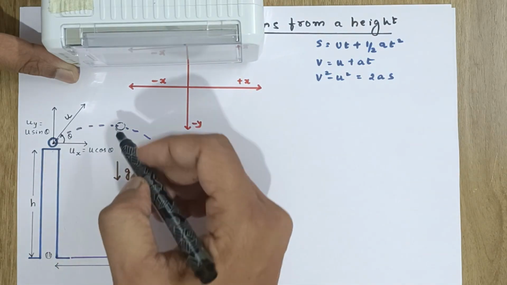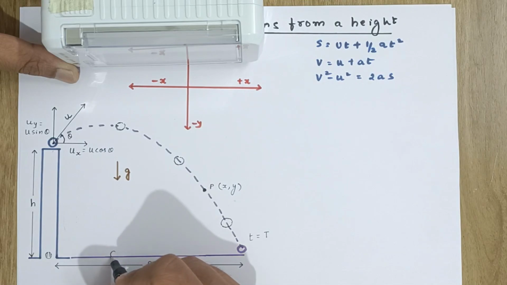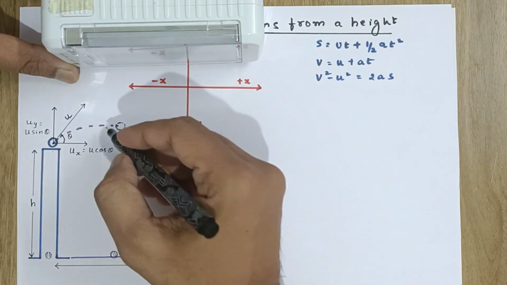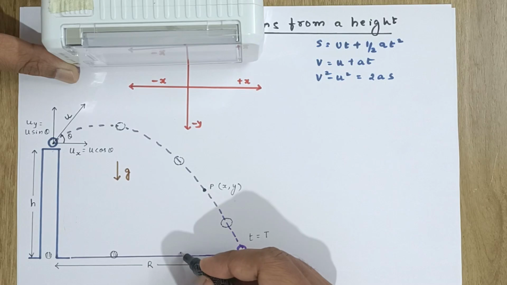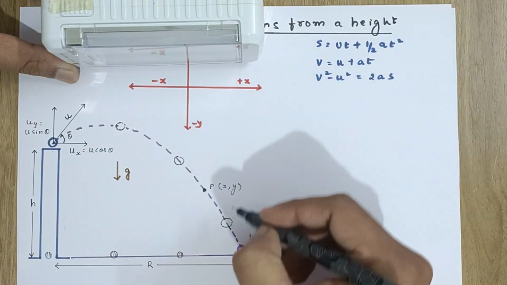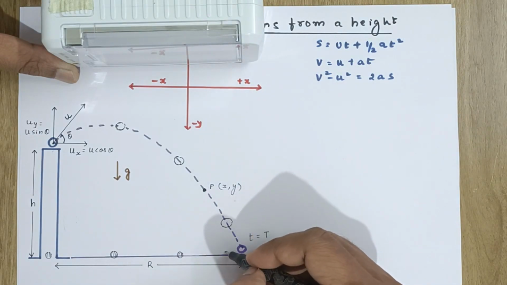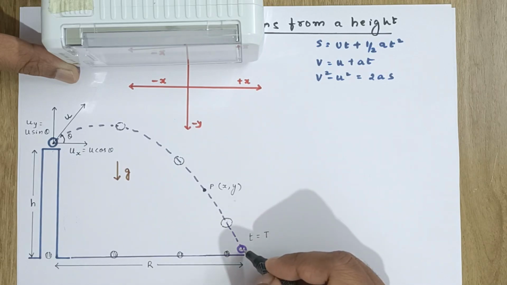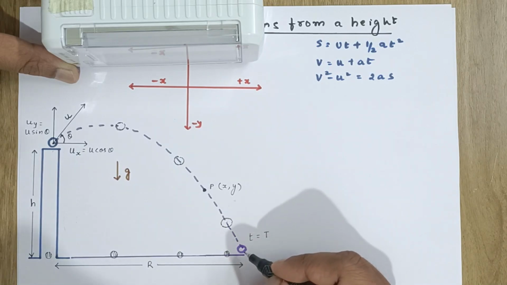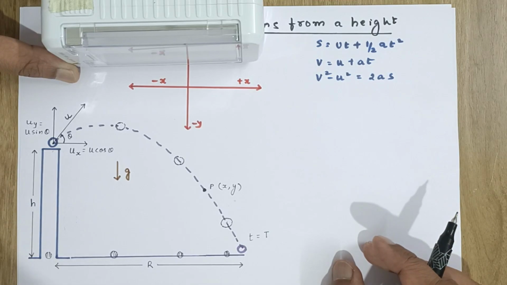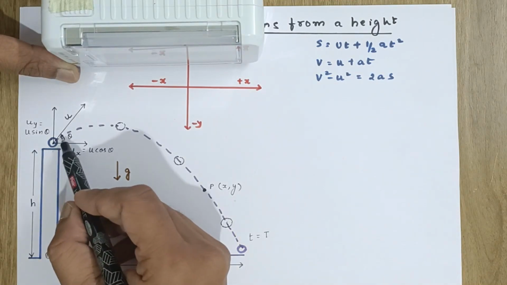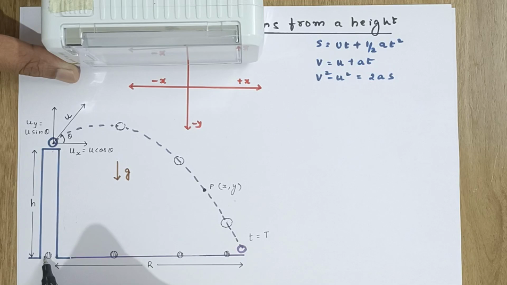When the ball reaches over here, its shadow would be over here. When the ball reaches over here, its shadow on the x-axis would be here. And when the ball reaches here, the shadow reaches over here. Finally, the shadow and the ball both touch each other over here. So if you look carefully, during this entire motion of the ball, the shadow travels along one dimension in a straight line along the x-axis. So you can apply these three equations for the shadow of the ball along the x-axis.